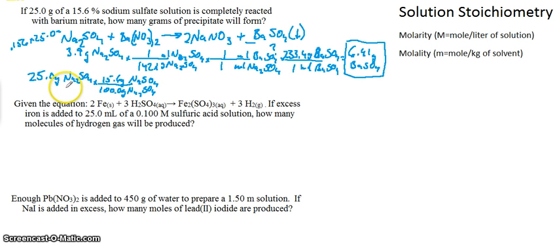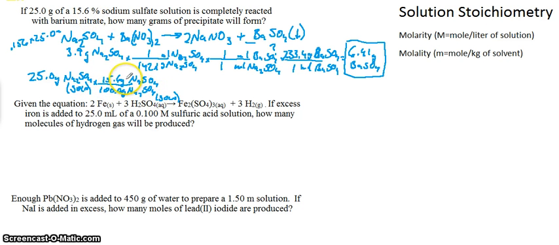And just to be clear, let me rephrase this a little bit. This is 25 grams of the solution, and this is the solution as well. So what's happening is, because it's 15.6% sodium sulfate, 15.6 grams of every 100 grams of solution is sodium sulfate, because this is the percent, this is per 100.